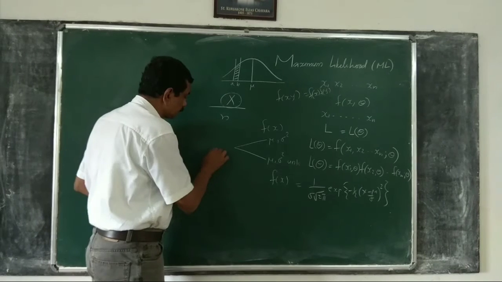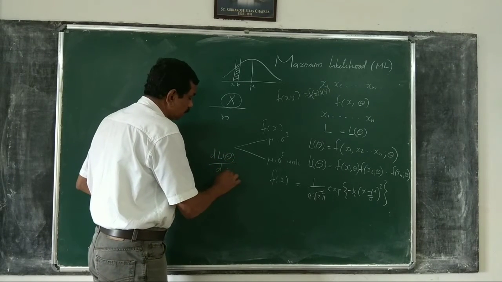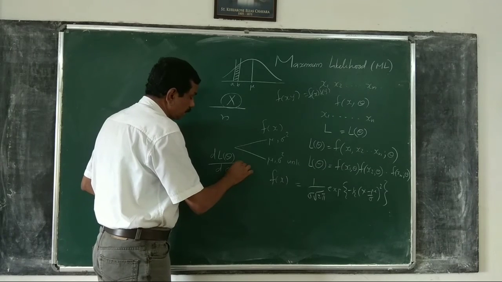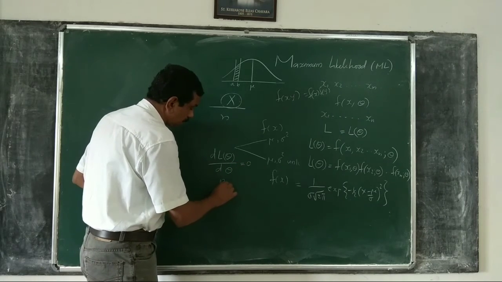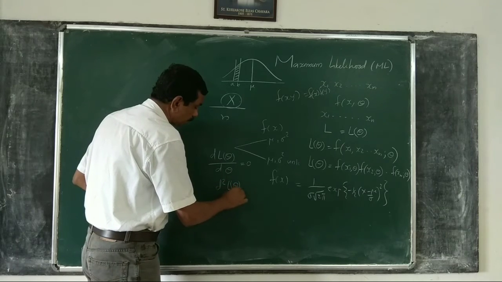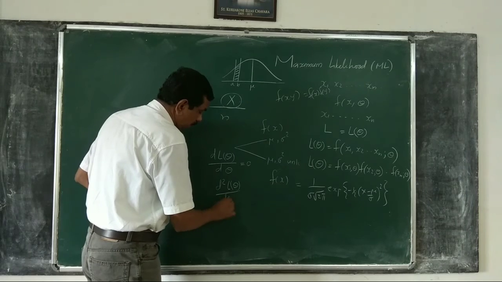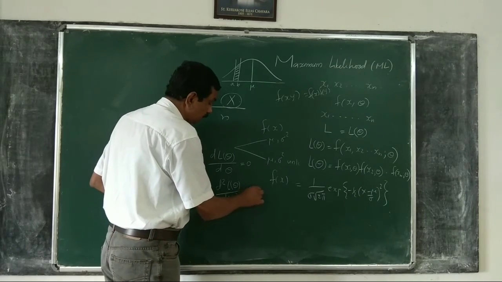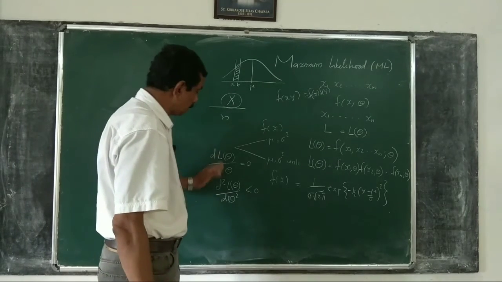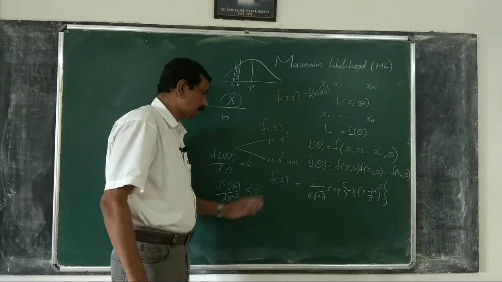So dL theta with respect to d theta, equate it to 0. The second order condition for maxima is d square L theta by d theta square less than 0. So dL by d theta equal to 0, d square L by d theta square less than 0.